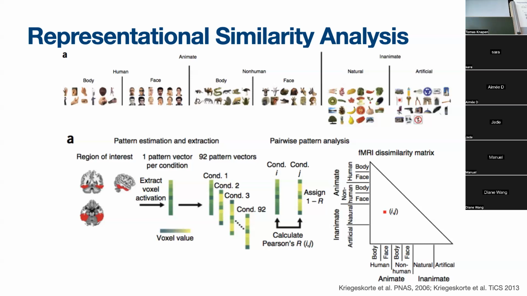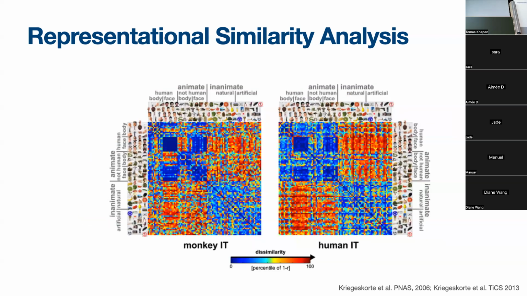Now, what does this give us? What I'm showing you here is an example of how you do that on an fMRI voxel. But the nice thing about this is you can do it on almost anything. Let me highlight what that means. I could also do this from a pattern of electrode activations in visual cortex, in the inferotemporal cortex of a monkey, for example. That also gives us a pattern of activation.